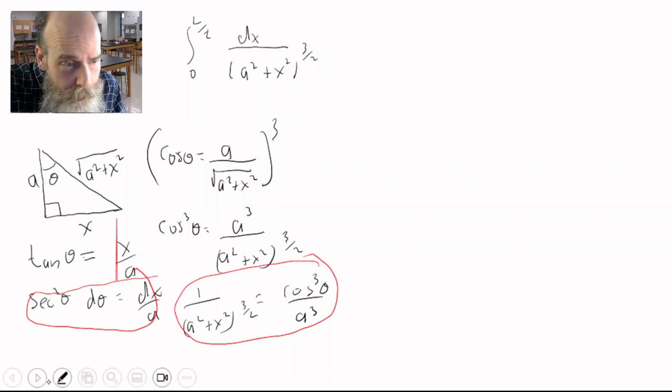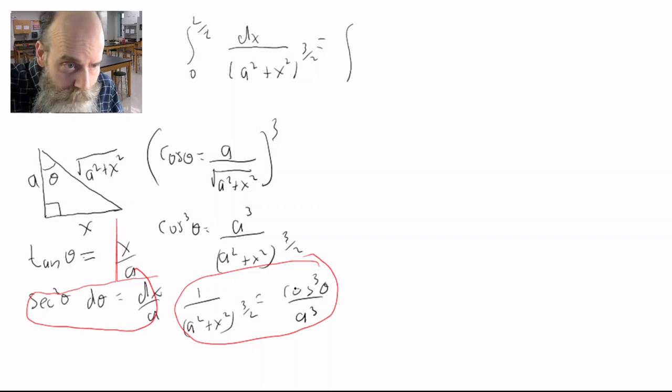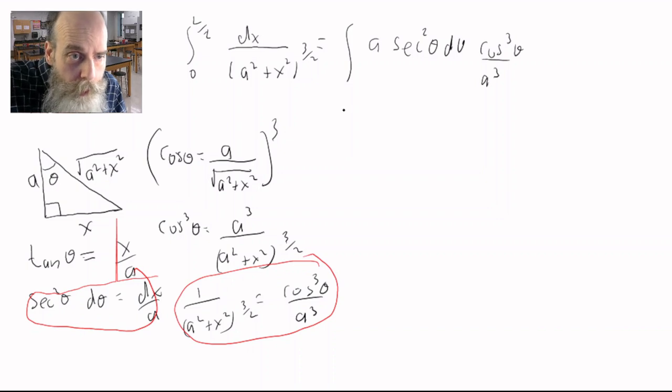Okay, so this thing becomes the integral of a sec squared theta d theta times cos cubed theta over a cubed, which is one over a squared.